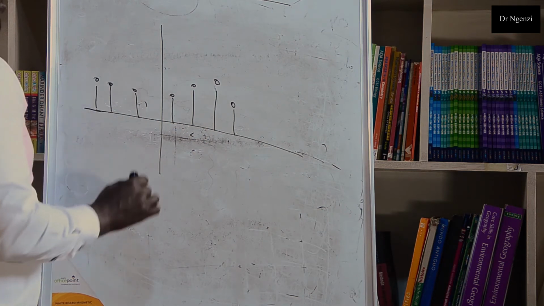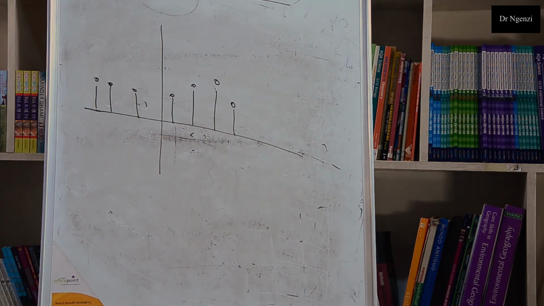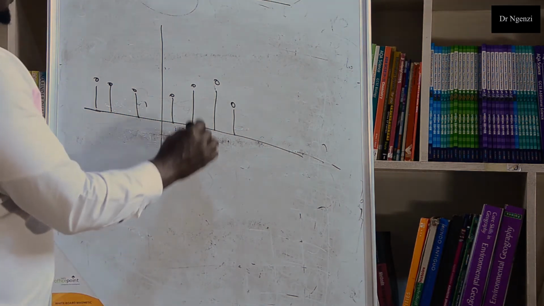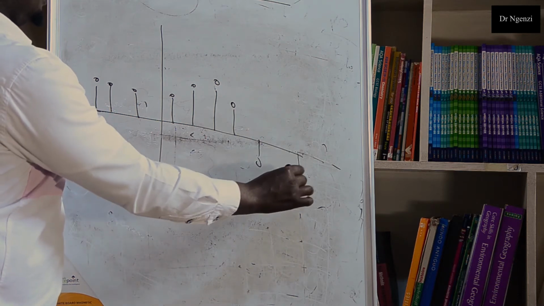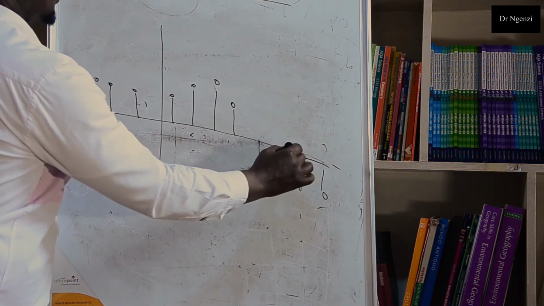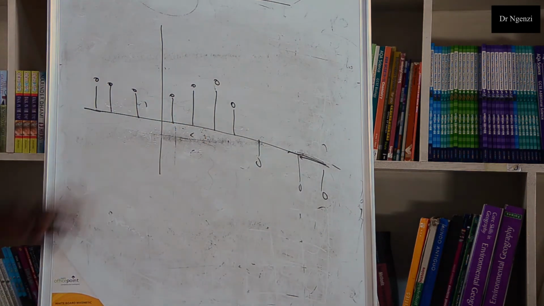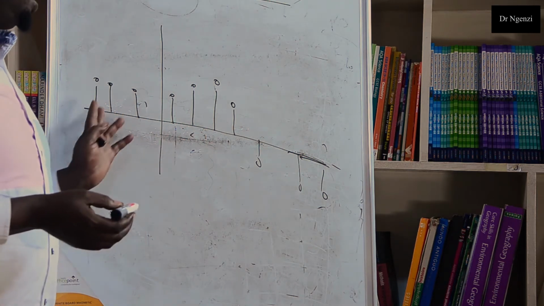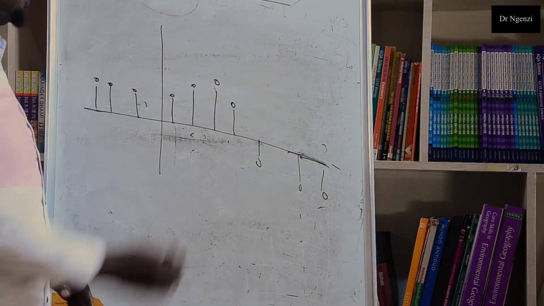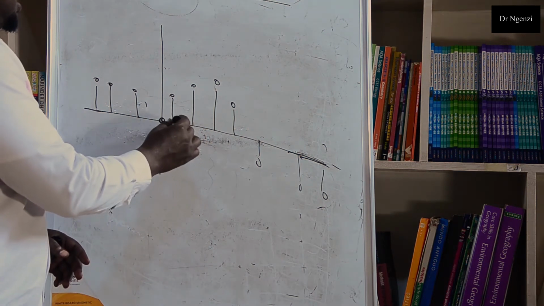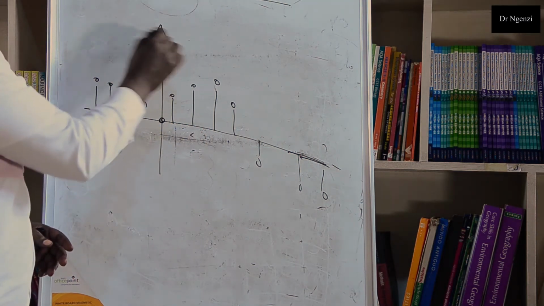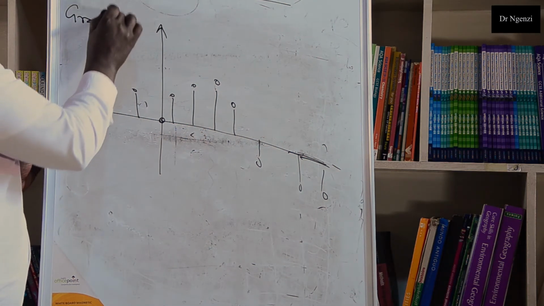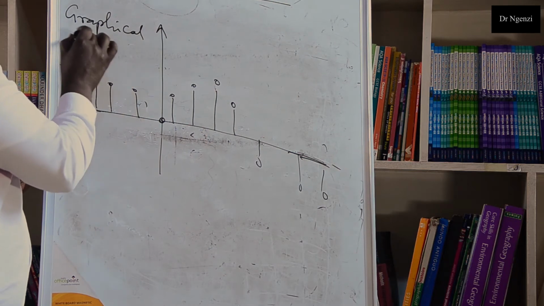This is what we call graphical presentation. You can also have some values presented on the negative side, shifting to the left, and then shifting to the right. You can shift some numbers this side and the other one that side, as we shall be seeing. This is called graphical representation.